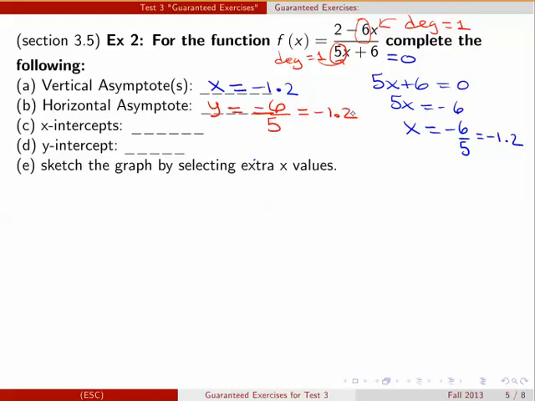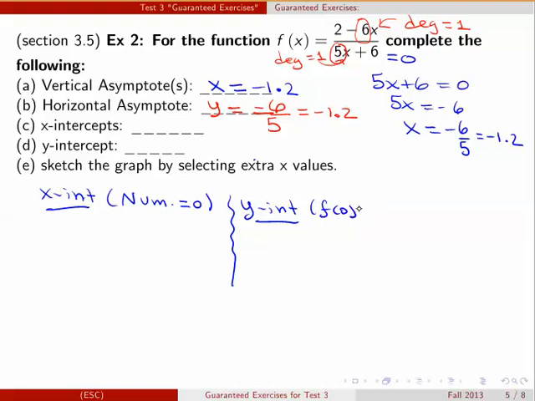Let's find the x-intercepts and the y-intercepts. To find the x-intercepts for rational functions, you set the numerator equal to 0. The y-intercept you find in the old-fashioned way: you plug in 0 for x. So let's find the x-intercepts, if any.